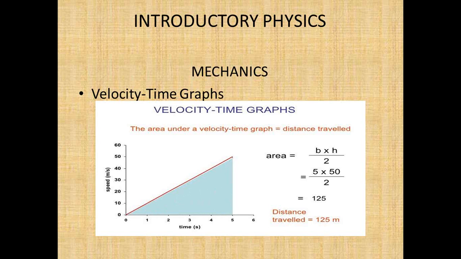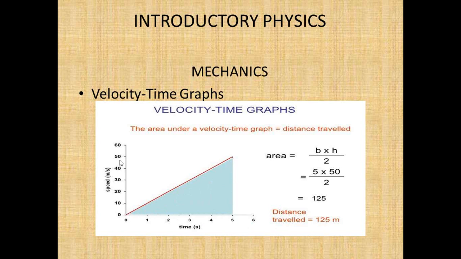You're going to find out that this is extremely important when we're talking about mechanics and motion. Because if you know the speed and you know the time and you plot it for a moving object, you can calculate the distance traveled by just taking half the base and multiplying it by the height.